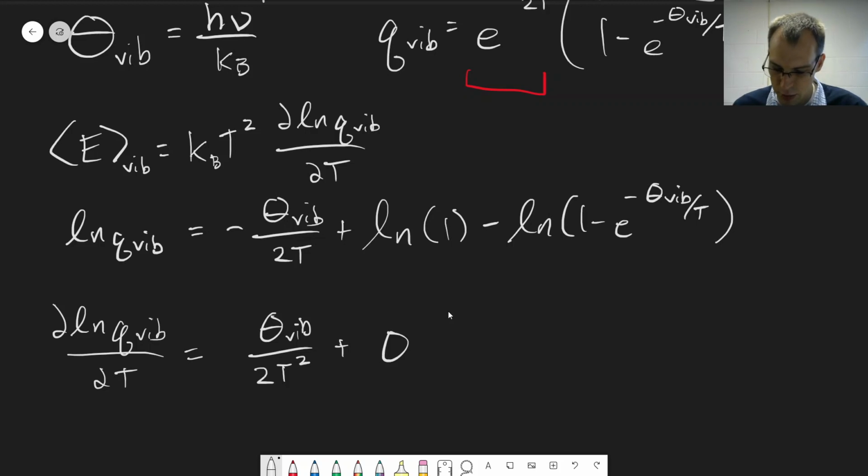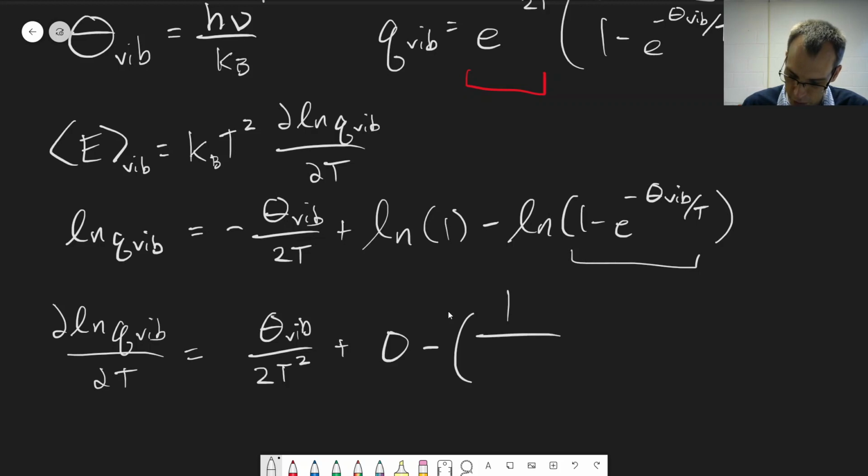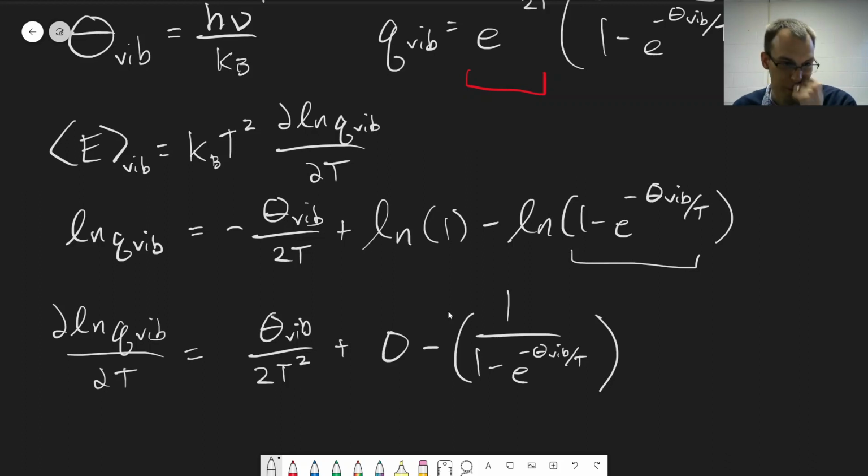And then we need to take the derivative of the final term, the natural log of 1 minus e to the minus theta vib over T. For this, we're going to need to use the chain rule. This gets a little bit messy, but we're going to have a minus. The derivative of the natural log of our function in here is 1 over 1 minus e to the minus theta vib over T. So we've taken the derivative of what's inside.